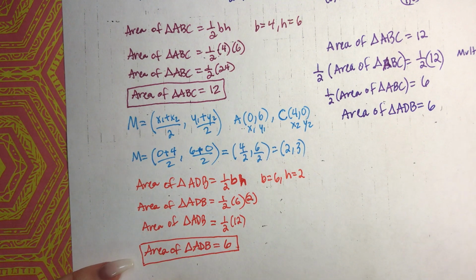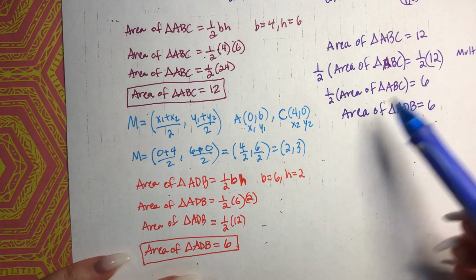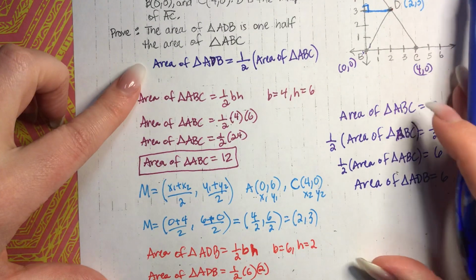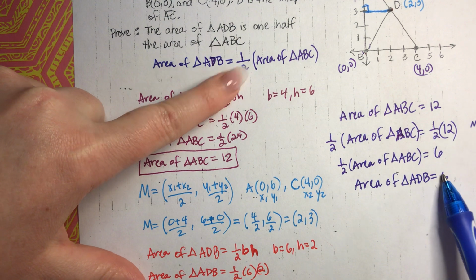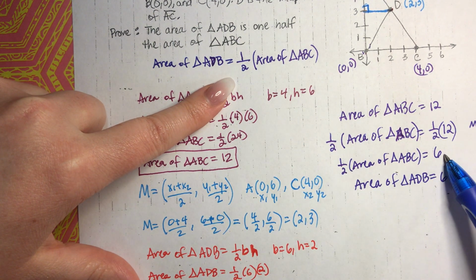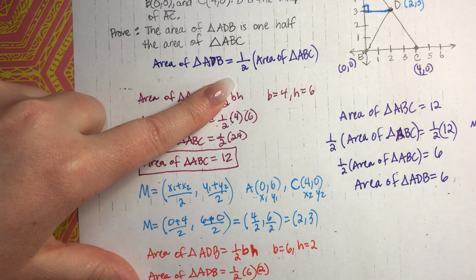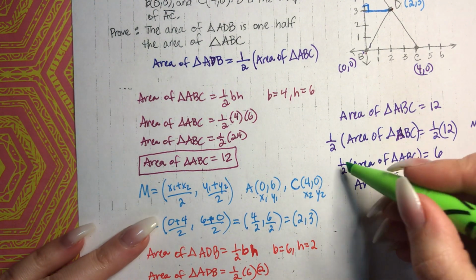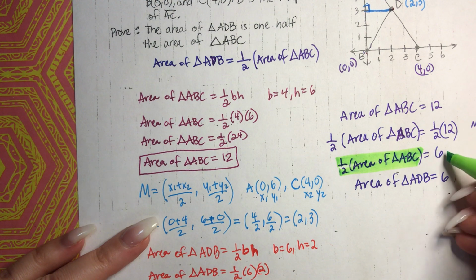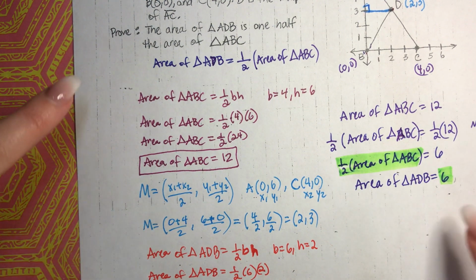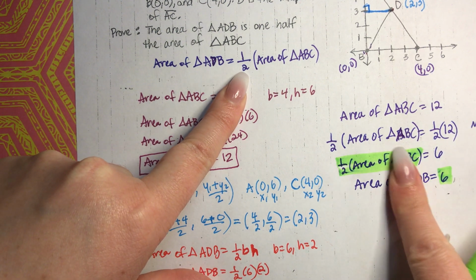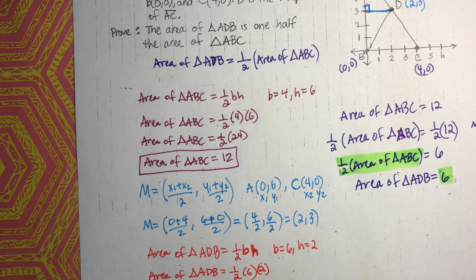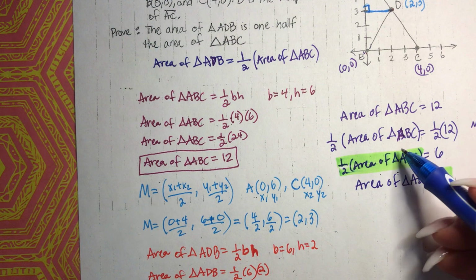Actually, instead of substituting that in there, I need it to start here, and it starts here, and then I have 6. And then I need that to equal this here. But 6 equals this. So if I take this statement, and this statement equals 6, and then I substitute it in there, I'm going to have exactly what I want. Area of triangle ADB equals 1/2 area of triangle ABC.